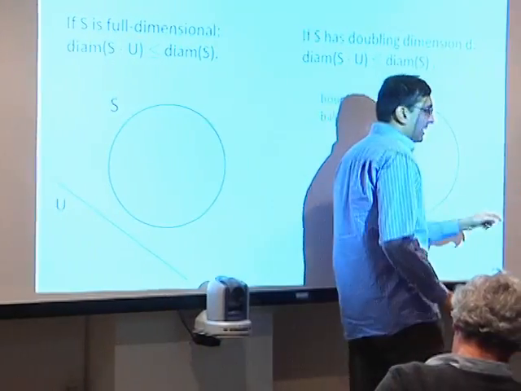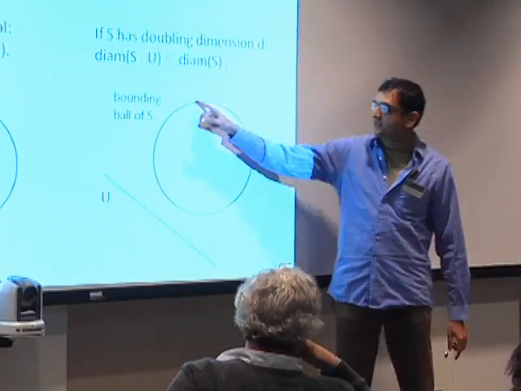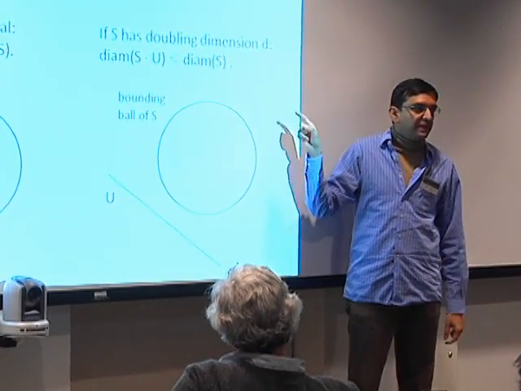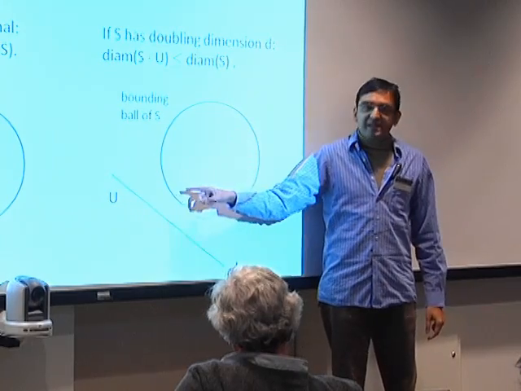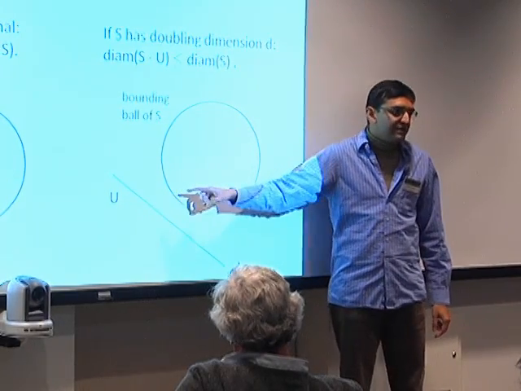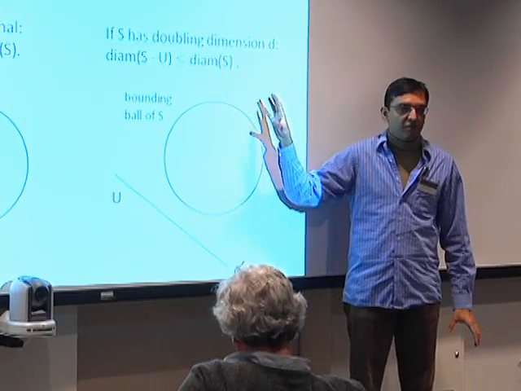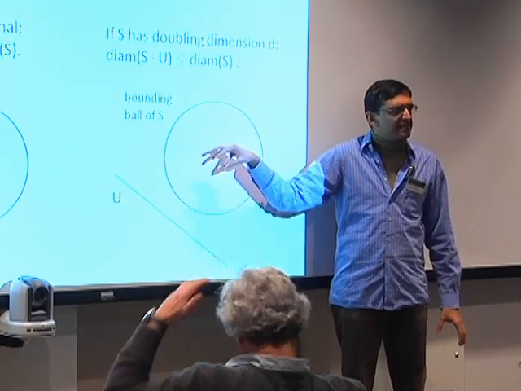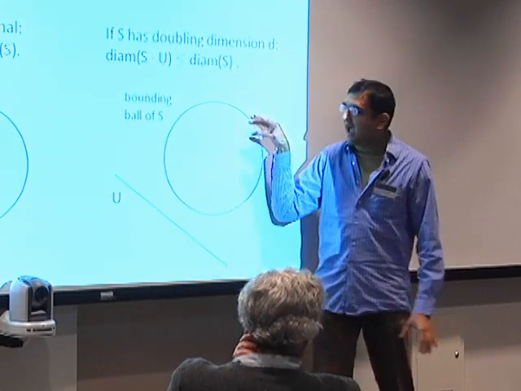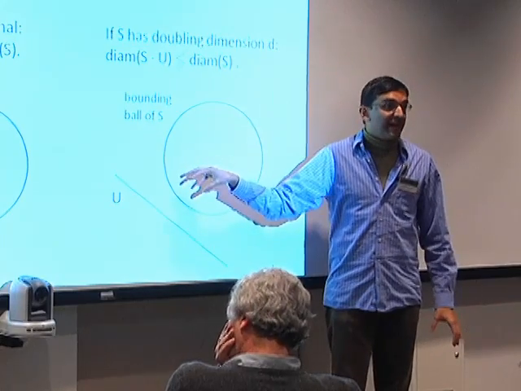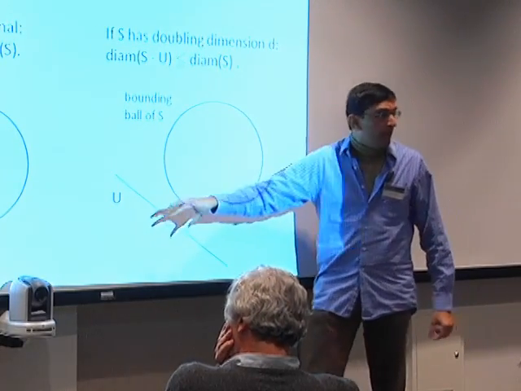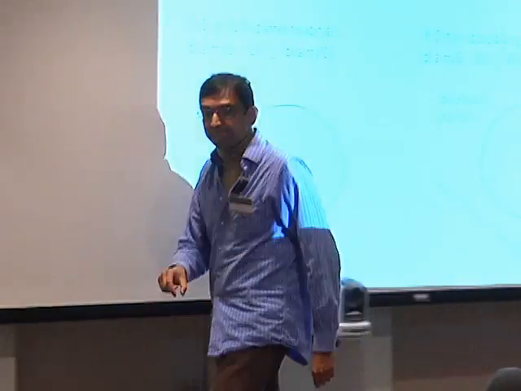So you have a set that lies in this ball. This is the diameter of the set. But it has low doubling dimension. If it has low doubling dimension, it means that it cannot possibly fill up this ball. It's occupying just a very small amount of space in the ball. And so you would actually expect the diameter to shrink considerably once you project it onto a line. So the points look something like that.